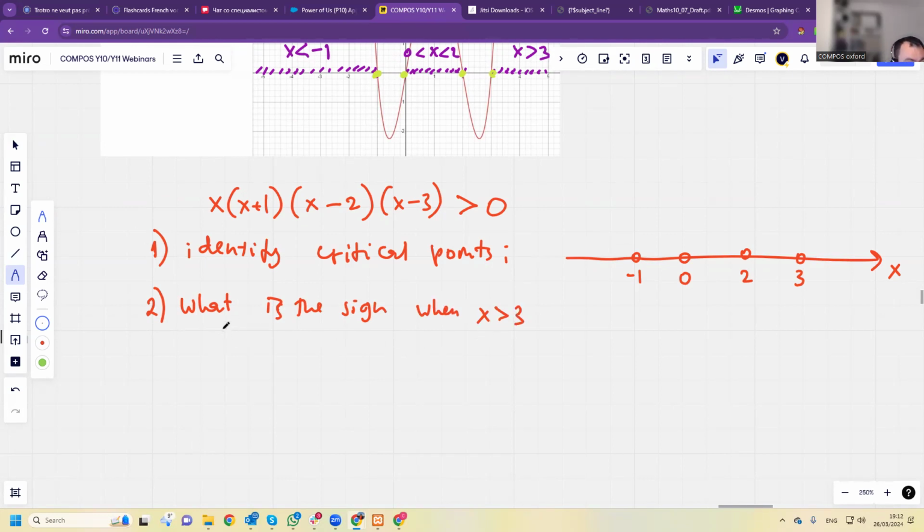What you need to do is test any point from that interval. Let's say x is 10. If you sub x is 10 into this, do you get a positive number or a negative number?